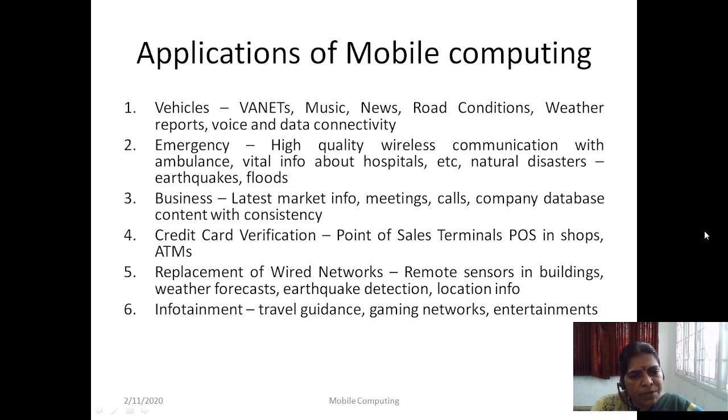We can share company database contents with our colleagues. All those things can be carried out. The fourth one is credit card verification, point of sales terminals, that is POS in shops, ATMs, etc. All those things we do using mobile devices. We can also replace the existing wired networks, and use it for infotainment.